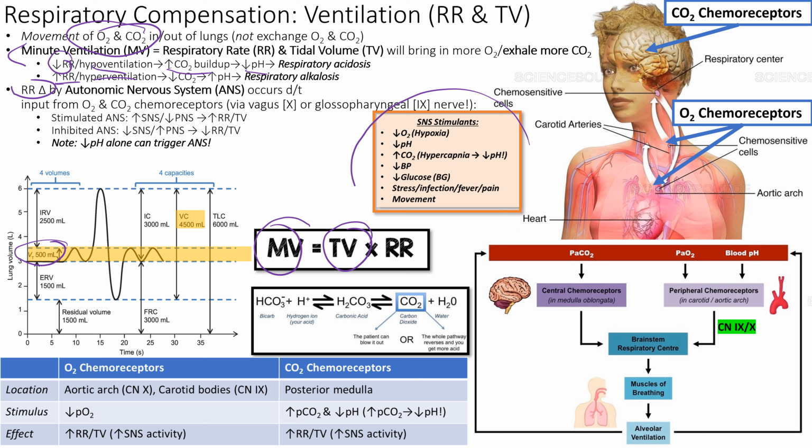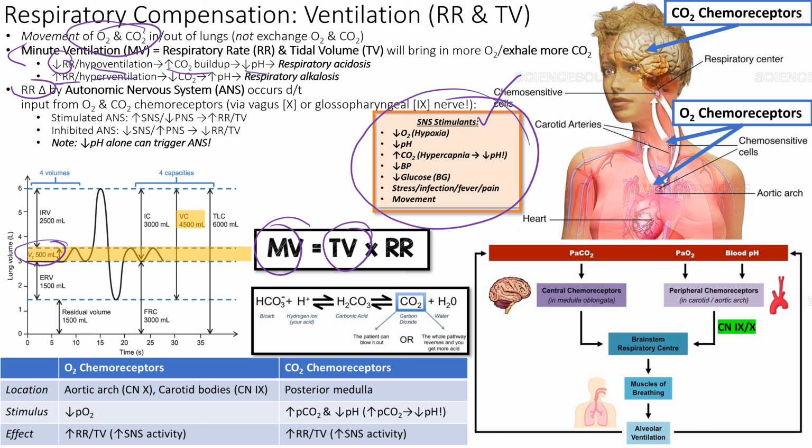That's based on the SNS, right? If you have an SNS response, would that result in a respiratory alkalosis or respiratory acidosis? It results in a respiratory alkalosis, because when we have the SNS firing off, we're going to be breathing faster, right?